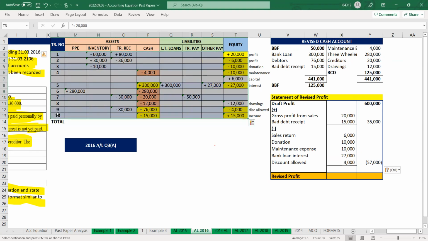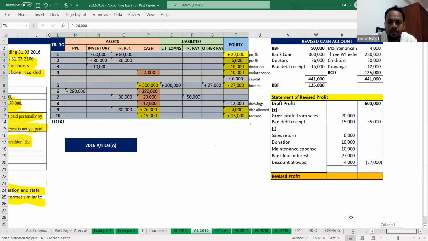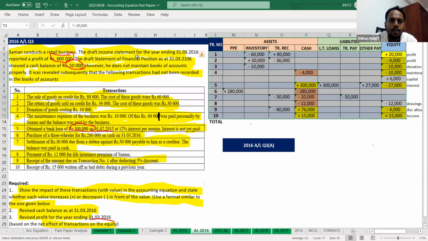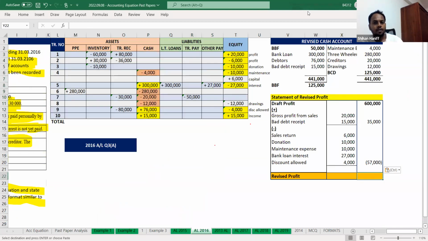Without these 10 transactions, they have calculated the profit as 600,000. Here in the question it says the draft income statement for the year ending 31st March reported a profit of 600,000. That is before these transactions. The following transactions had not been recorded. So we are adjusting and calculating the revised profit.